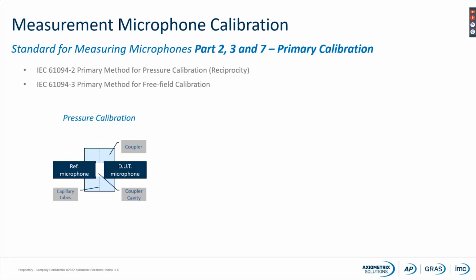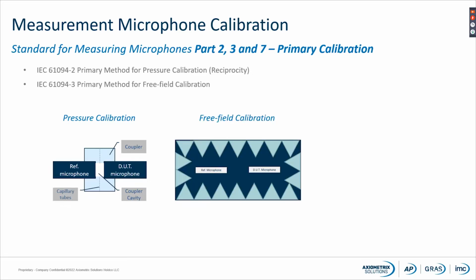We can also do this test in a free field calibration where we put the two microphones in a little acoustical chamber or an anechoic chamber, like we have here on the picture. And then the idea with the calibration is that we will first of all use the reference microphone as a transmitter, and afterwards as receiver, and the same with the microphone under test.